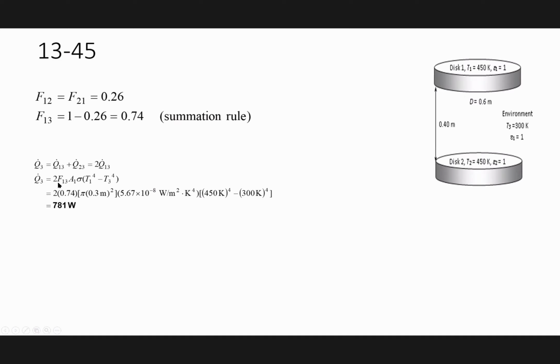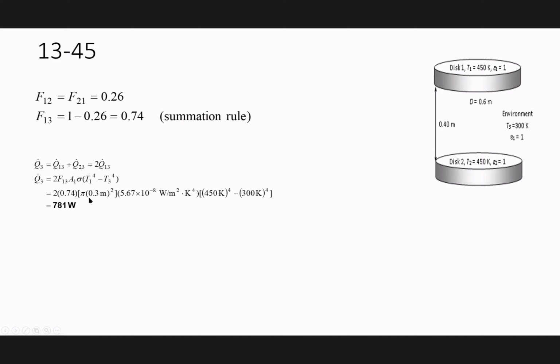And this is the shape factor we find from 1 to 3, exactly surface 1 to 3. But since 2 to 3 is symmetric, that's why we put 2 here. If we calculate how much energy is emitted by the discs and transmitted to the environment, we get 781. Okay.